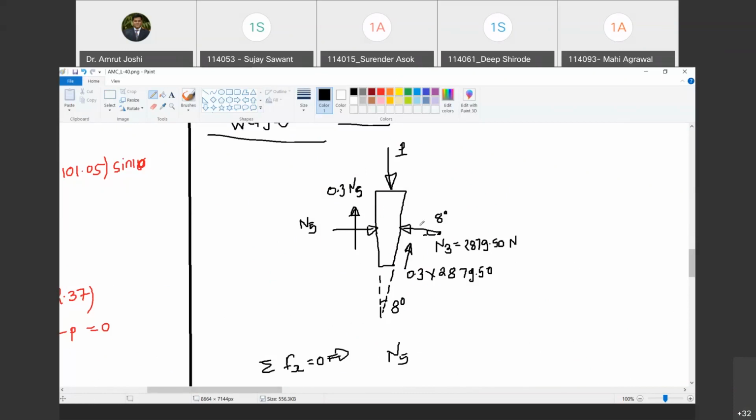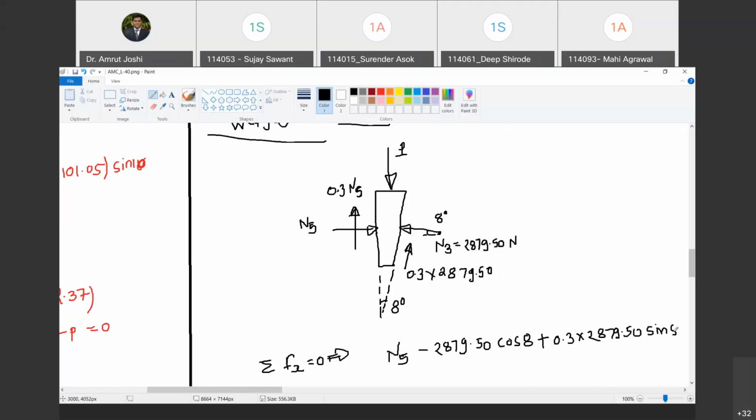Sir, am I audible? Yes, you are audible. So when I apply summation Fx equal to 0, the first force that I get is N5. Do you agree? Yes, sir. Then you are going to have the component of this force, that is minus 2879.50 multiplied by cos of 8 degree. Happy? Yes, sir. And you are going to get the horizontal component of this force, that is 0.3 times 2879.50 multiplied by sine of 8 degree.